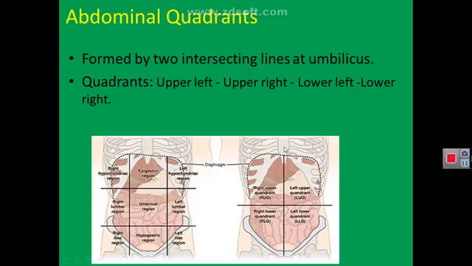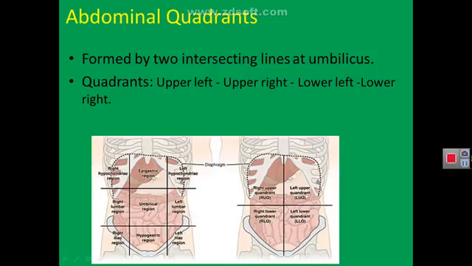Here you draw intersecting lines at the level of the umbilicus. These vertical and transverse intersecting lines divide the anterior abdominal wall into 4 quadrants: upper right, lower right, upper left and lower left.